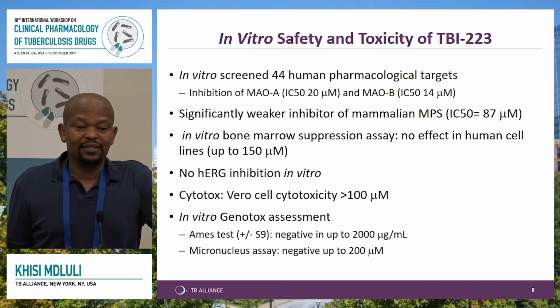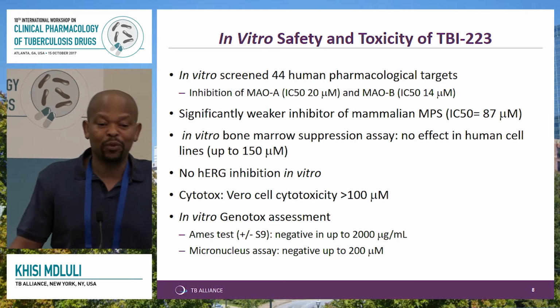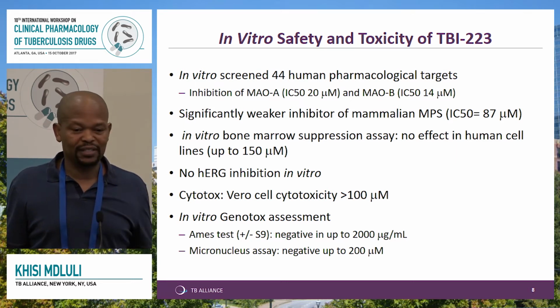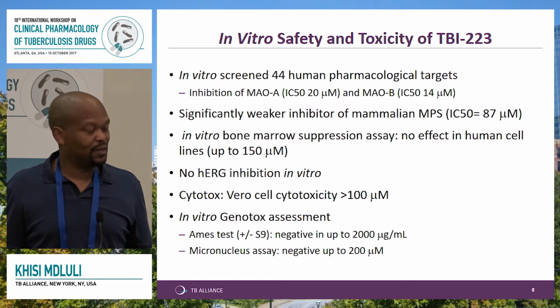We went to another CRO that has a bone marrow suppression assay, and again, the compounds were safer. It had no hERG inhibition. Cytotoxicity was good, and it had no genotoxicity. Ames was negative, and the micronucleus assay was negative.